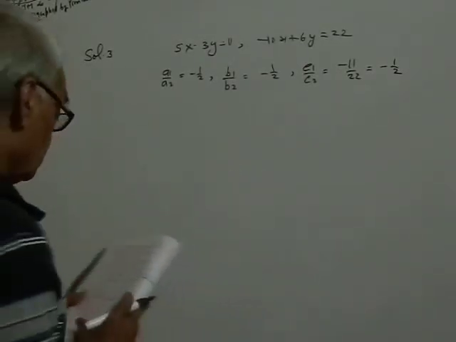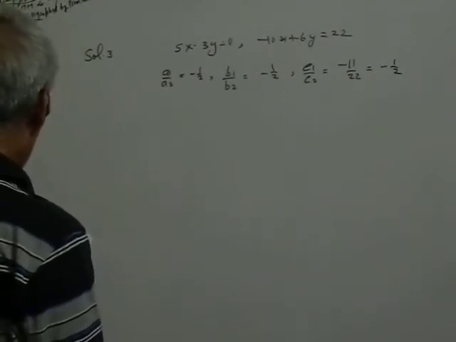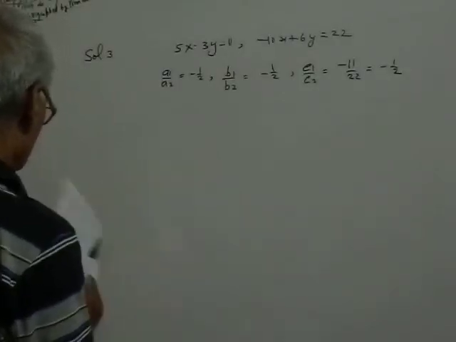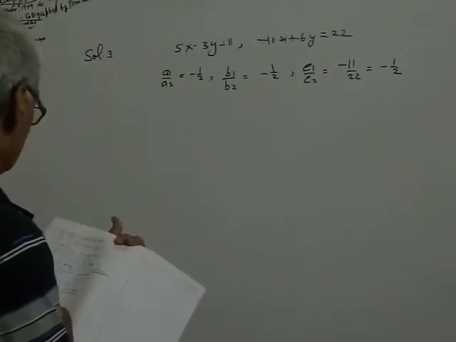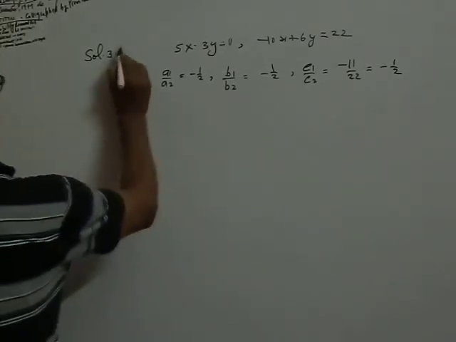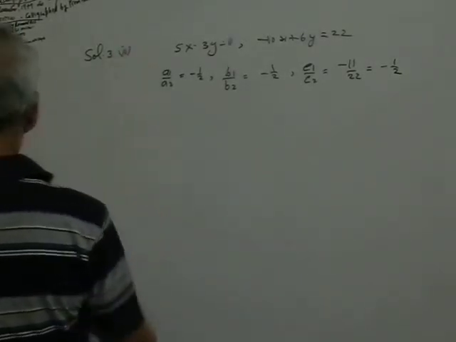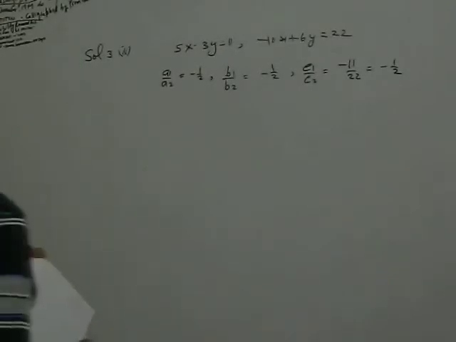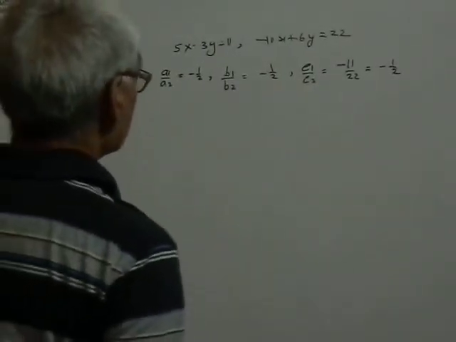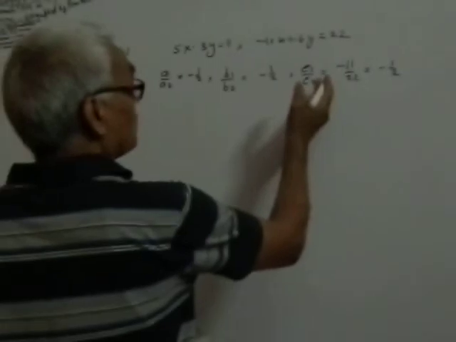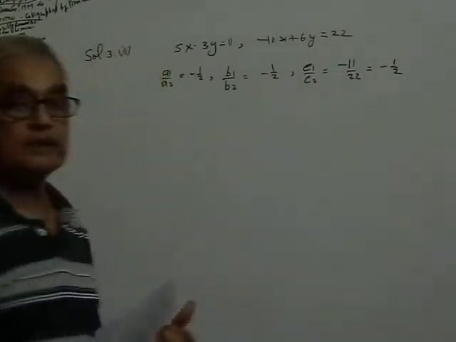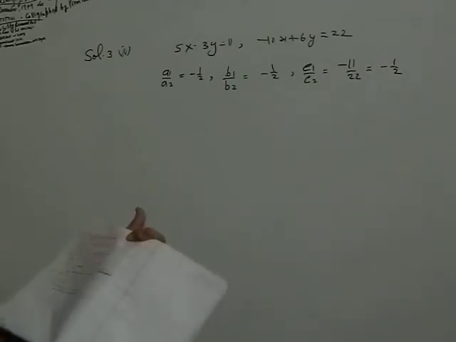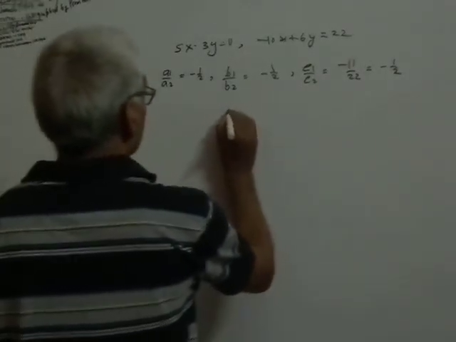So this is the fourth part. These lines will be coincident. So both the lines overlap each other, and lines are consistent.